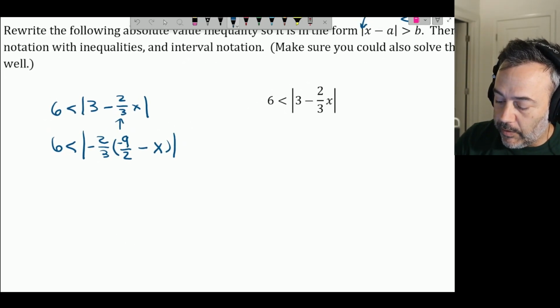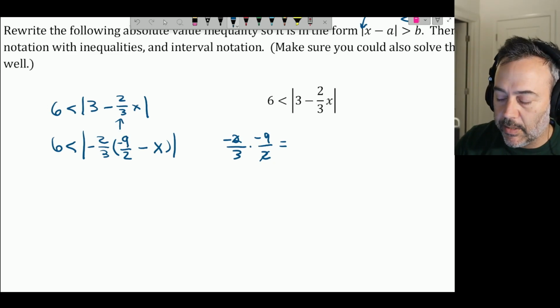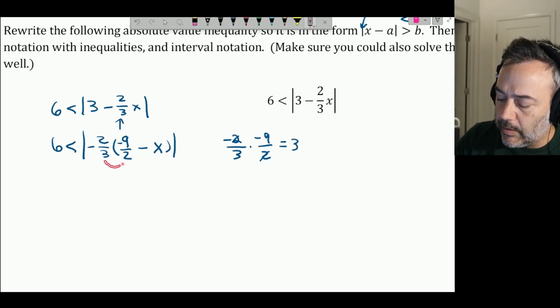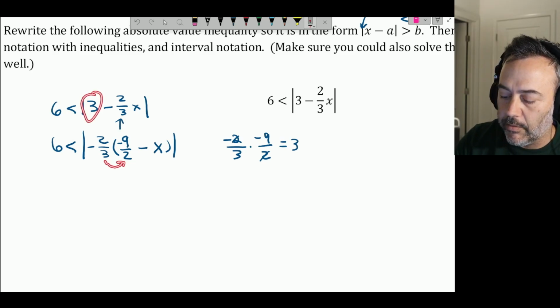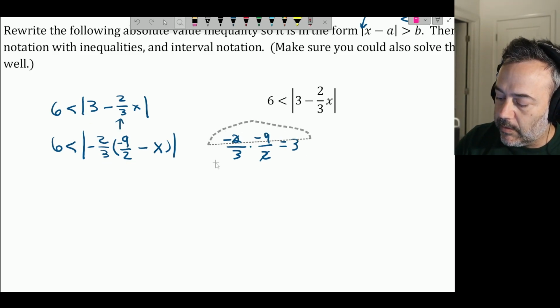Well, when you distribute the negative 2/3 times negative 9/2, the 2's are going to cancel. The negatives cancel to be a positive, and 9 divided by 3 is 3, and we get 3. So if I distribute this to here and multiply those, I recover the 3. So that kind of checks that I've factored things correctly. So this is my little check.